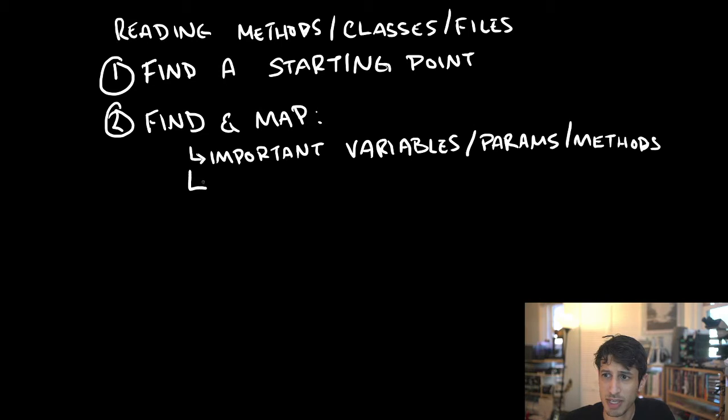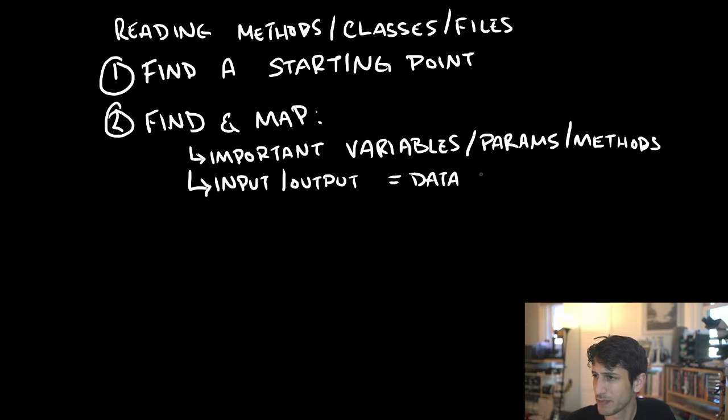We're going to keep track of the input and output. Largely, we call this a data flow. Later on, when we talk about this third level up where we're trying to map out entire code bases, we'll start to look into this a little bit more.